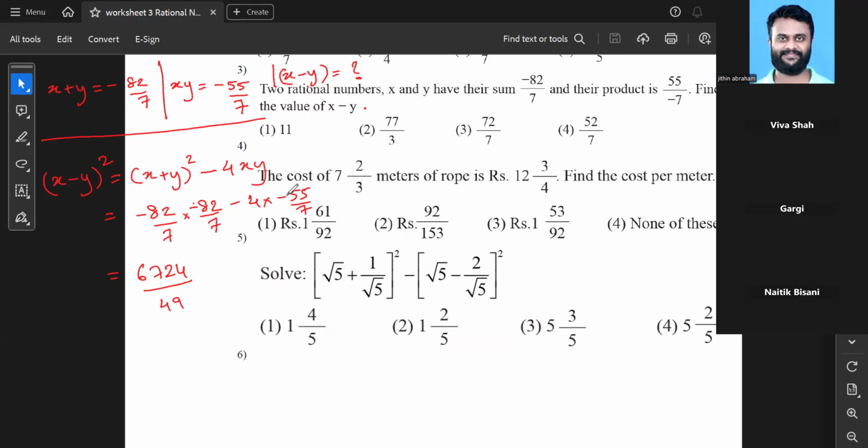Then again over here, minus and minus get cancelled and it becomes plus. 4 multiplied by 55 is how much? It is nothing but 220 upon 7. Now, in order to solve this addition problem, you will have to make sure the denominators are the same. So I'll multiply 7 in the numerator as well as denominator.